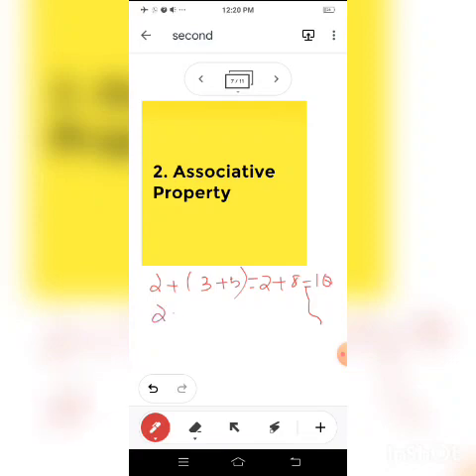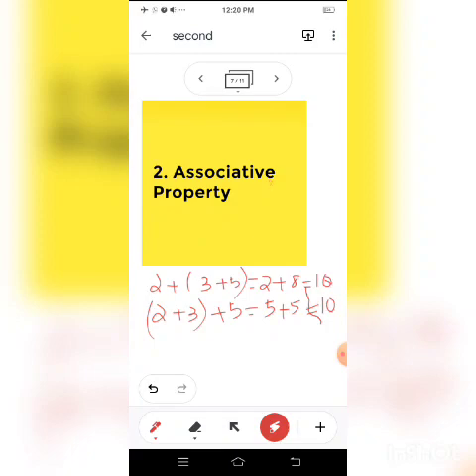Now (2 plus 3) plus 5 equals 5 plus 5, that is again 10. Here we first add 3 and 5, then add 2. In the next step we add 2 and 3, then add 5. We get the same result. This property of numbers is called the associative property.